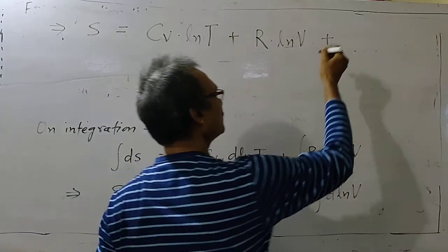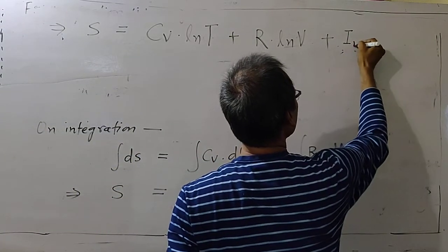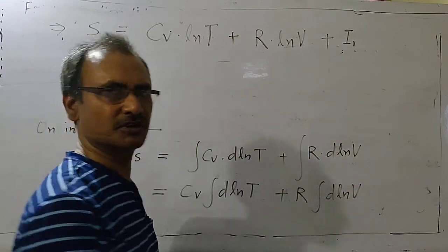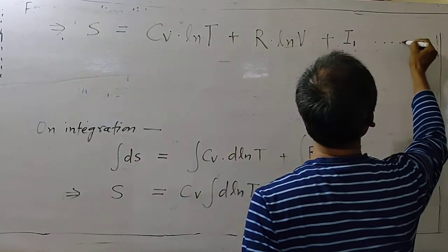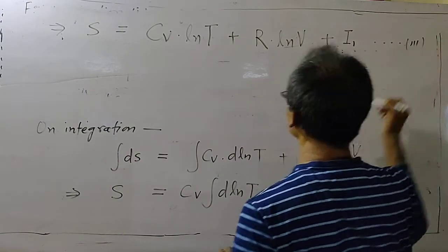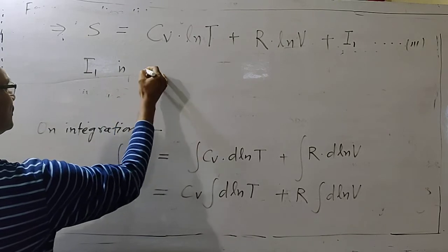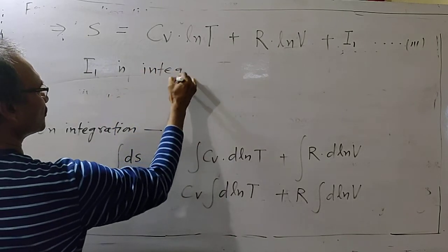Suppose this constant is I1. I1 is the integration constant. This is equation 3.